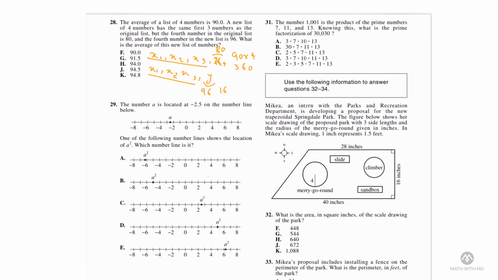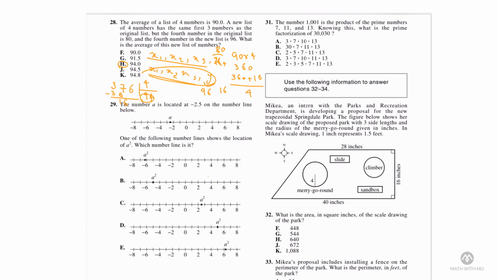So the sum of these four numbers is 360 plus 16, divided by 4. Then I can get the average. So it's going to be 376 divided by 4, 9, 36, 16, 4. So it's 94 is the answer.